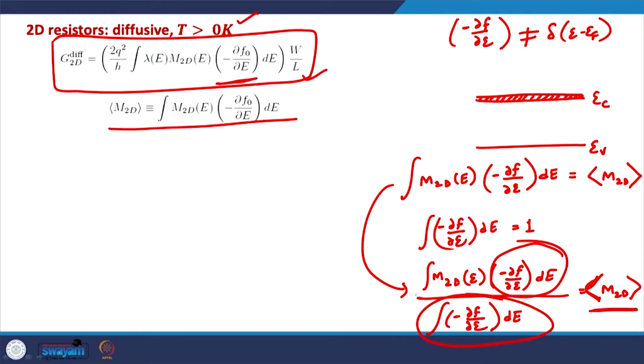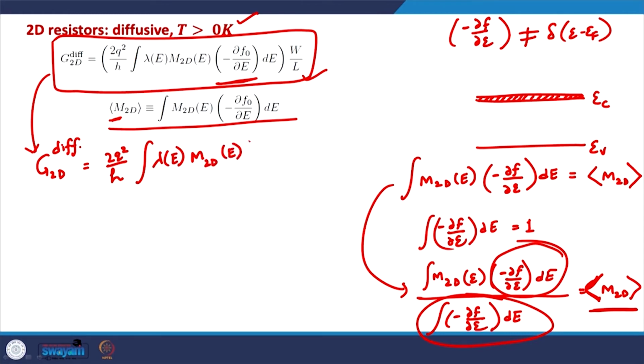Okay. So, now what we do is we divide and multiply this term by this average. So, G2d diffusion conductance is 2q square by h, the integral of lambda E m2d E minus del f by del E dE.